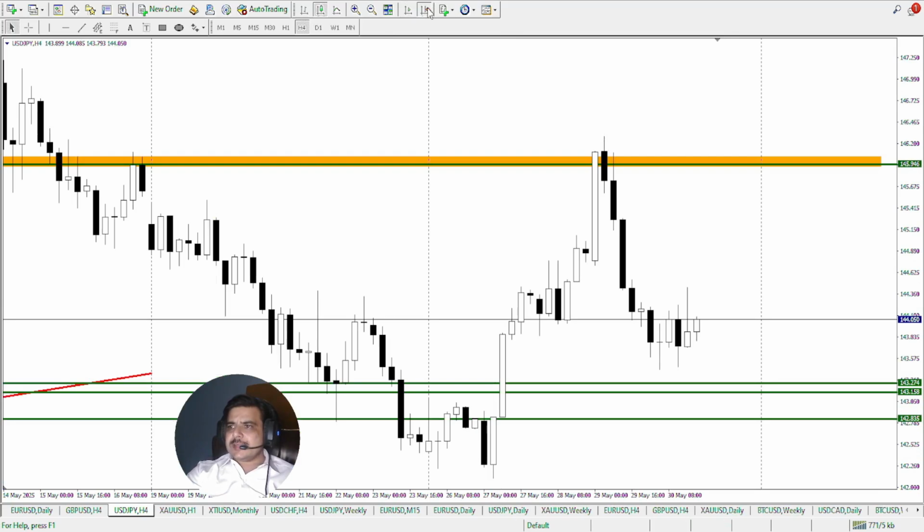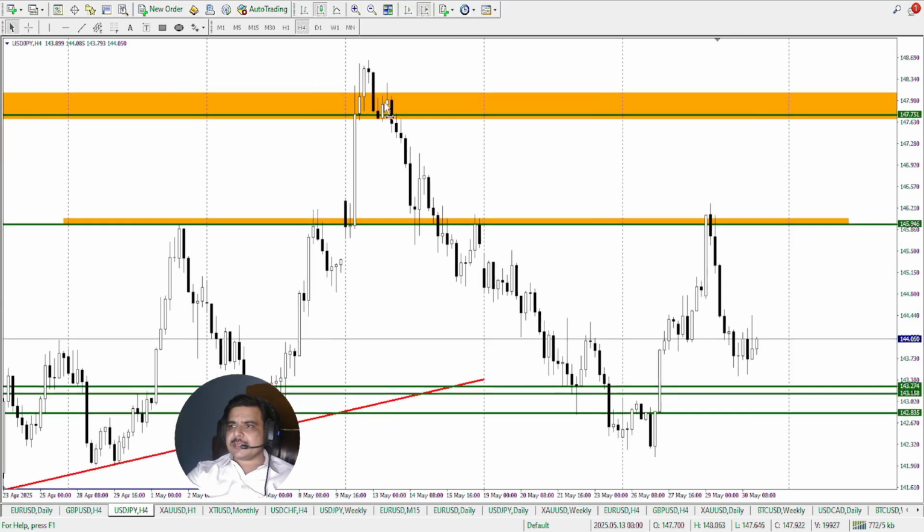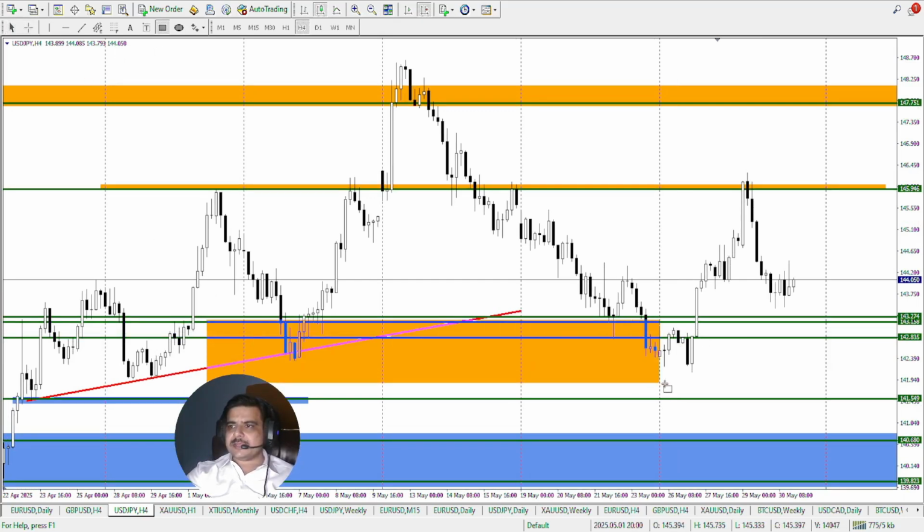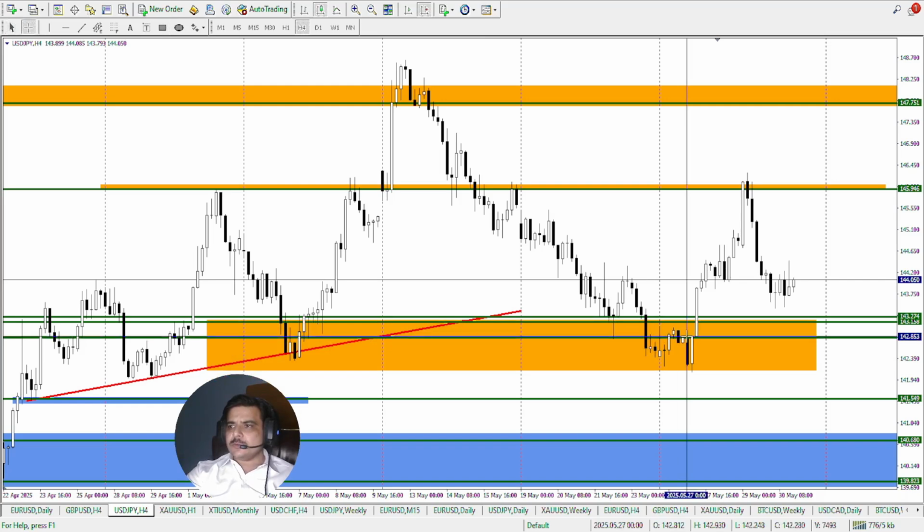So last week, these levels right here played very nicely, and those who took buying decisions right here, the market hardly came around 72 pips against, and then gave how much profit?